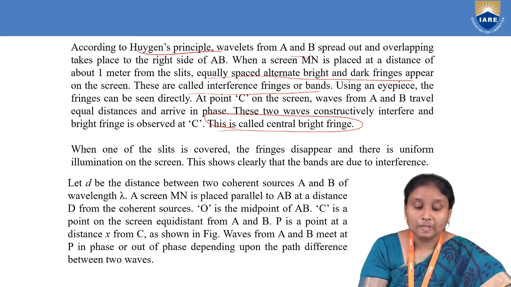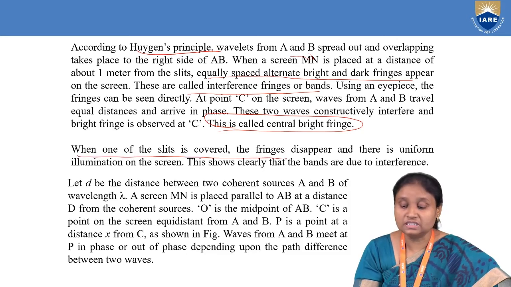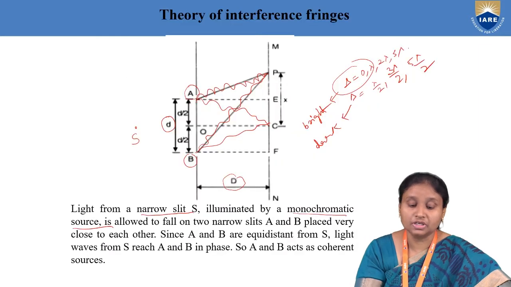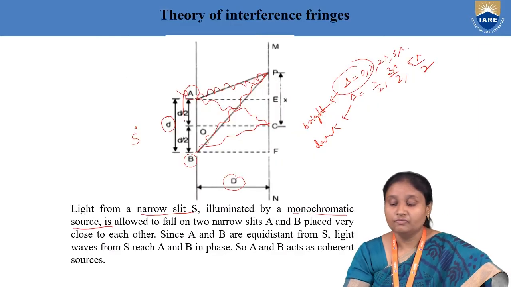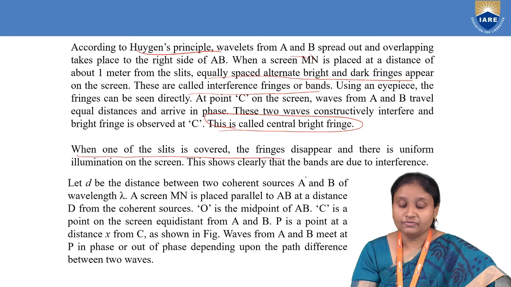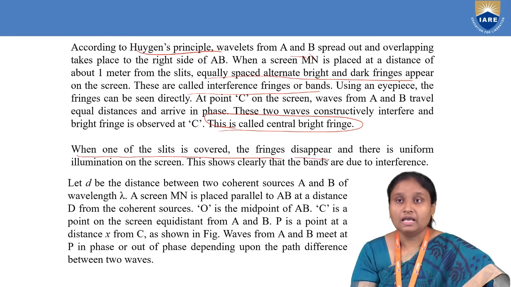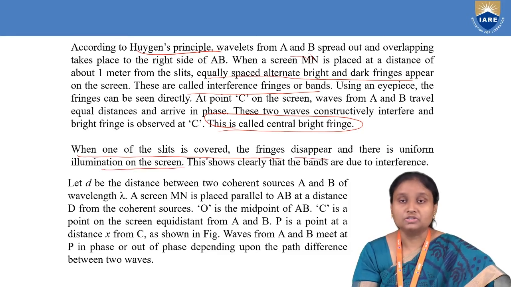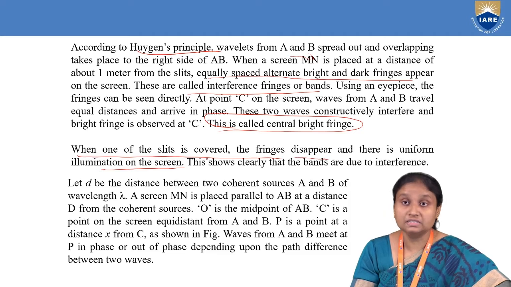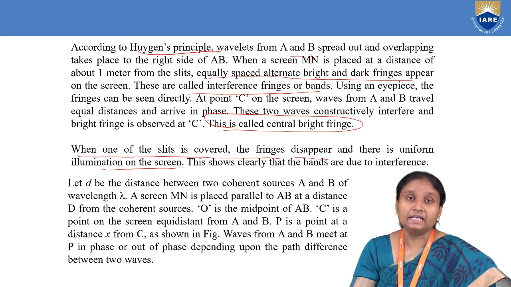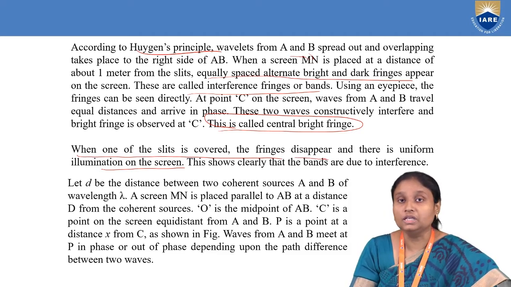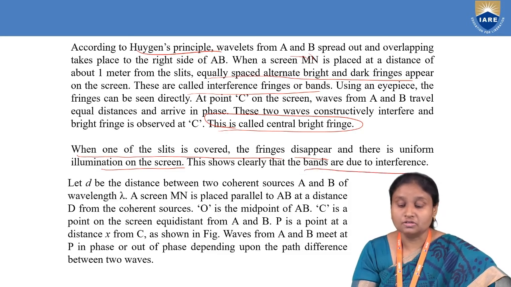Here, suppose we close one of the slits in this experiment. We'll observe that our fringes will disappear and there will be uniform illumination on the screen. Instead of the bands, the entire screen is uniformly illuminated. It means that the bands are formed because of interference.